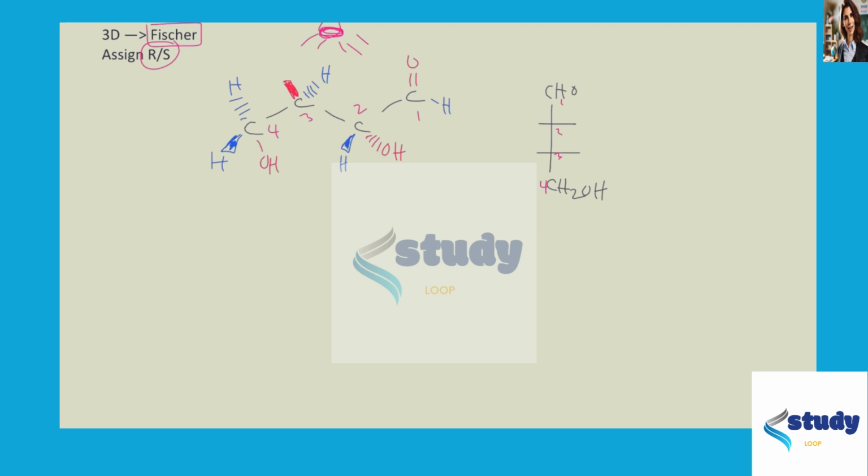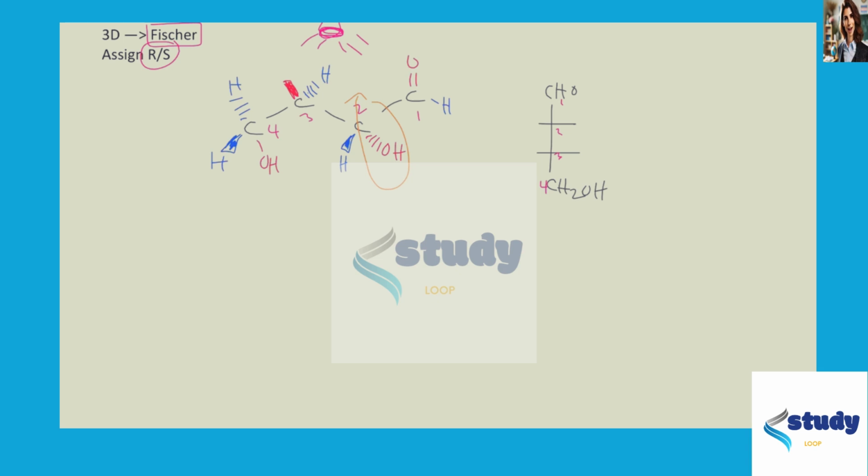Looking at carbon 2 from the top, you see that both groups would be going away from you. So we want to flip it, and the Fischer projection is going to look like this.